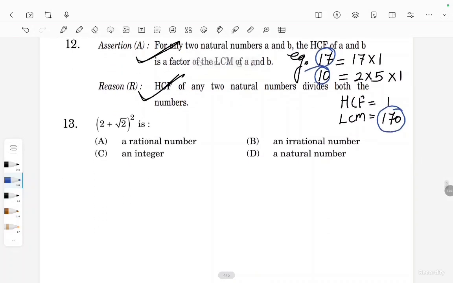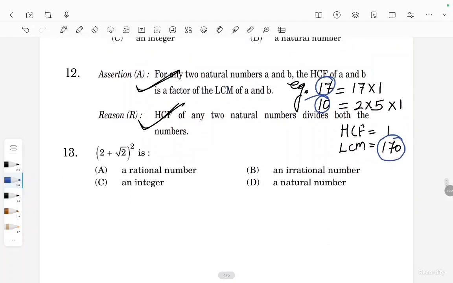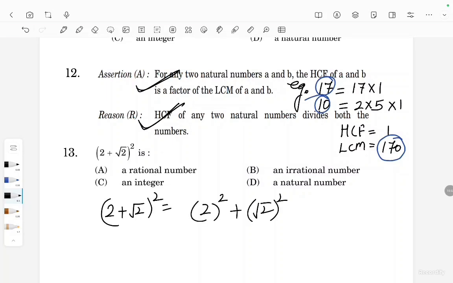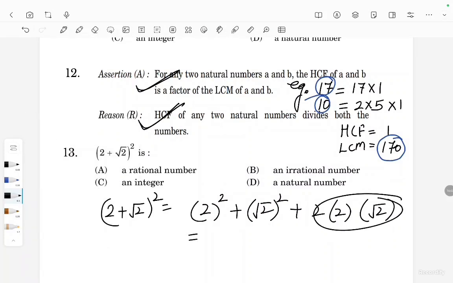Now next one, 2 plus root 2 whole square, let's solve. A plus B whole square, you know, A square plus B square plus 2AB. Students generally forget to write this 2AB.